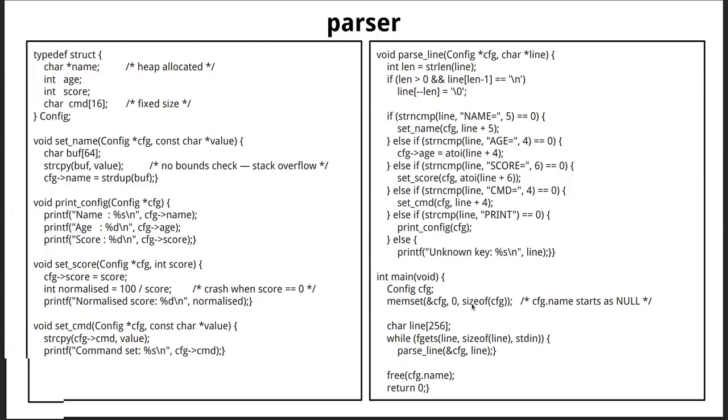Set command here, let's say, has a buffer overflow as well, because there's a strcpy. This one will not be, it's going to be an out-of-bounds bug because it's going to be allowed. The parse line there, let's say, get line, length of the line.